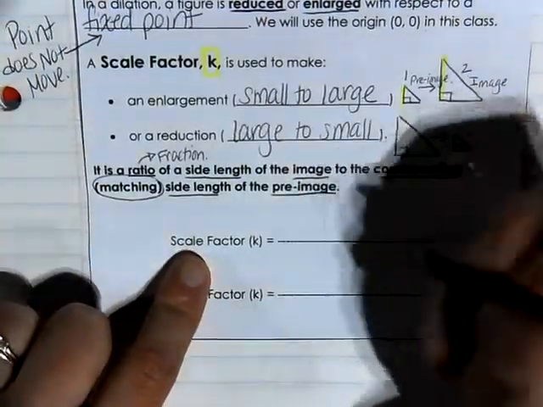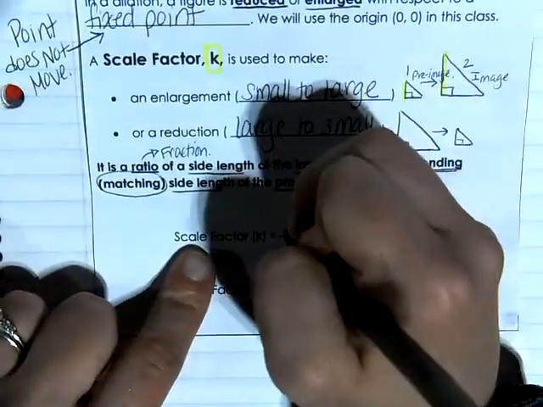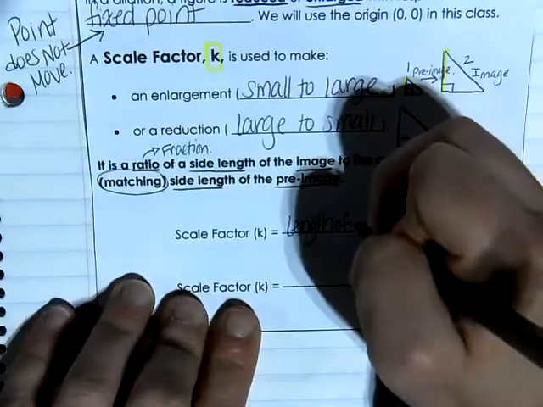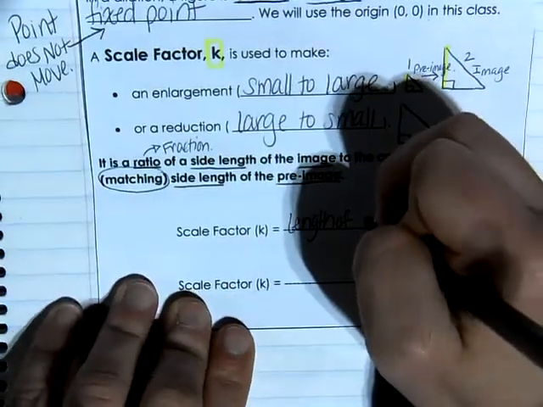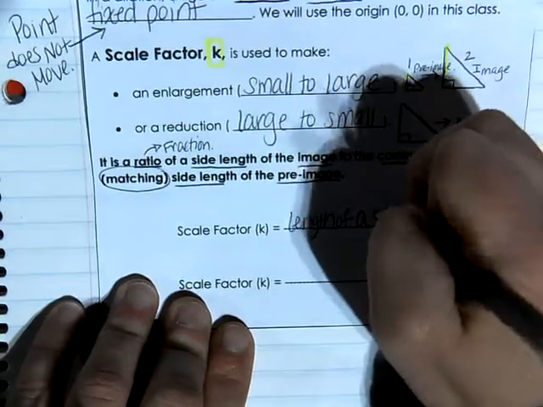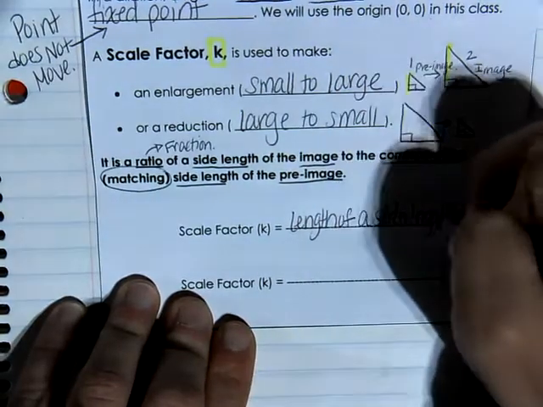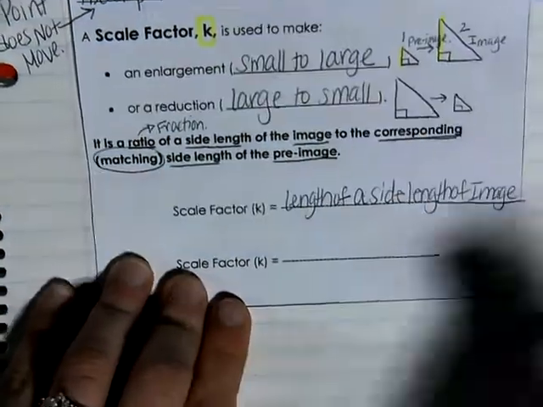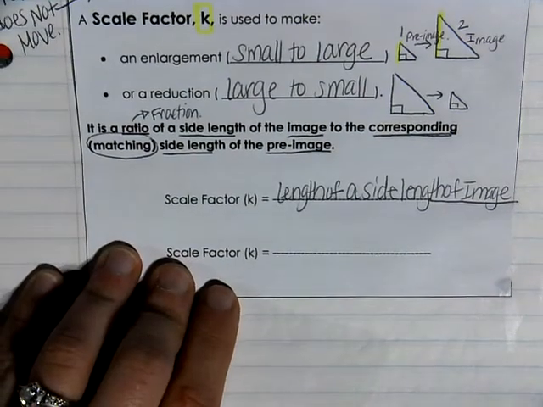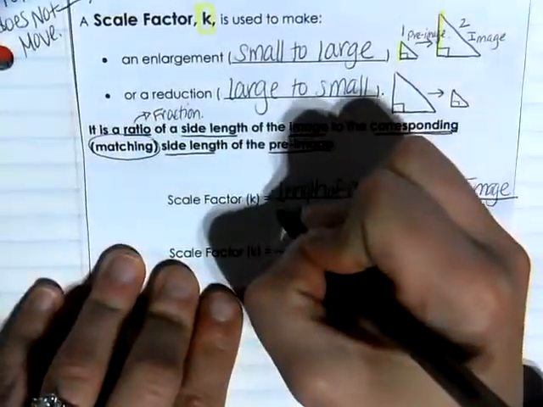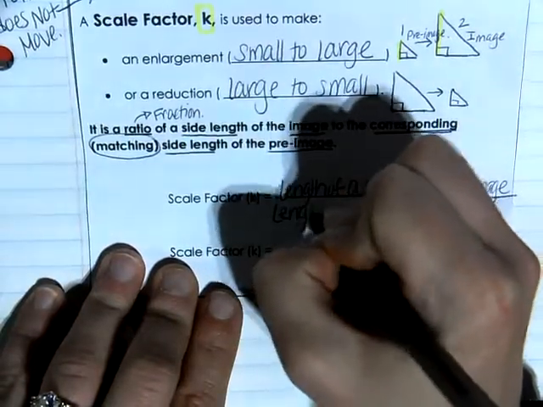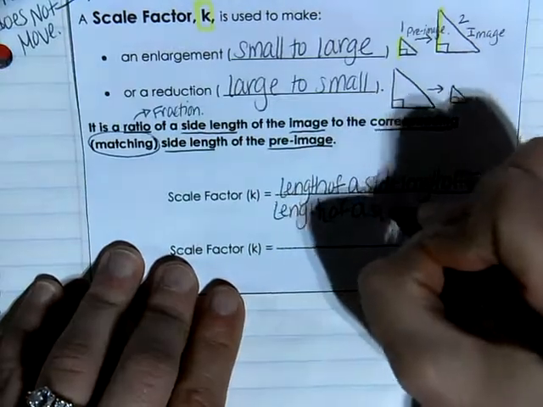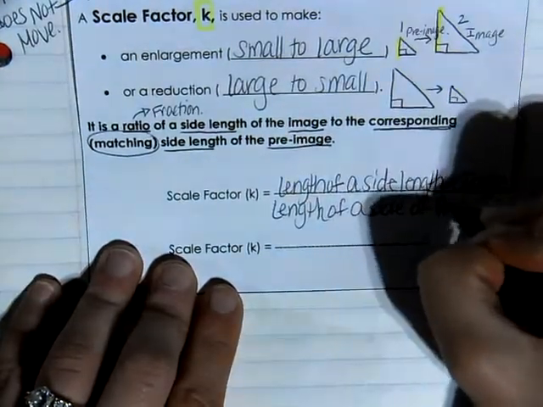So it is the length of the image. So I have the length of a side of an image compared to the length of a side of the pre-image.